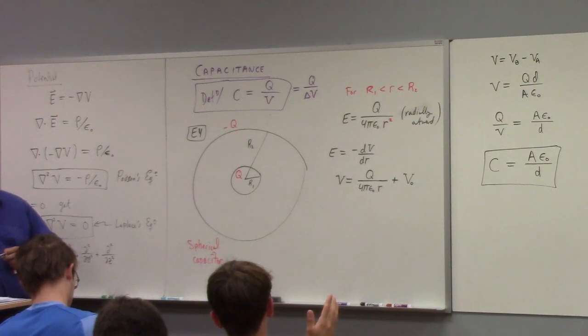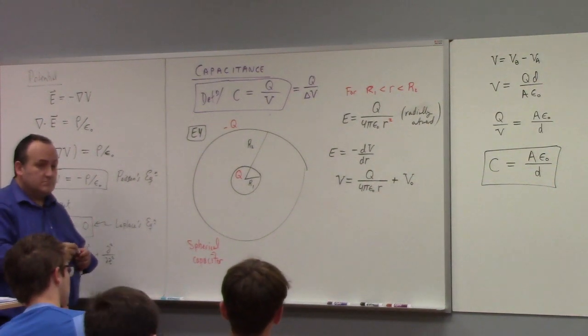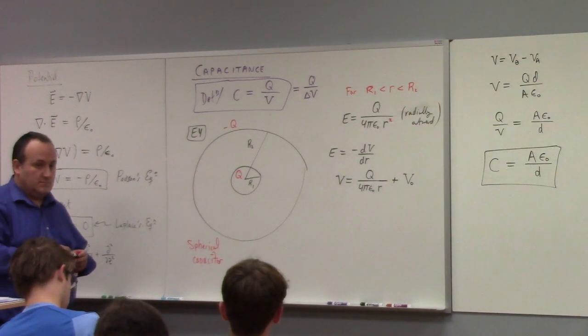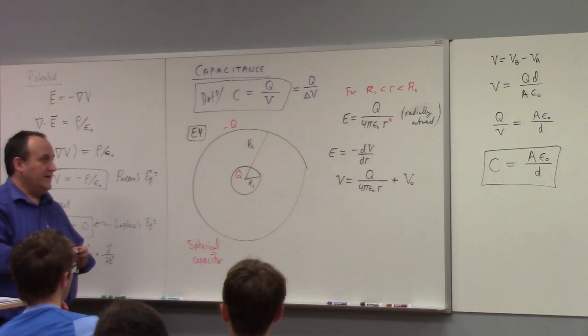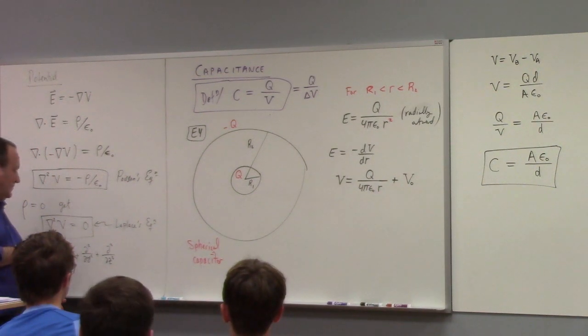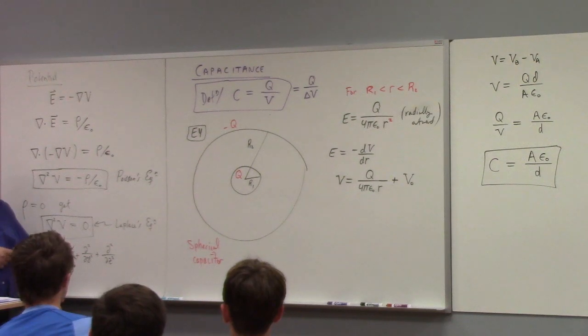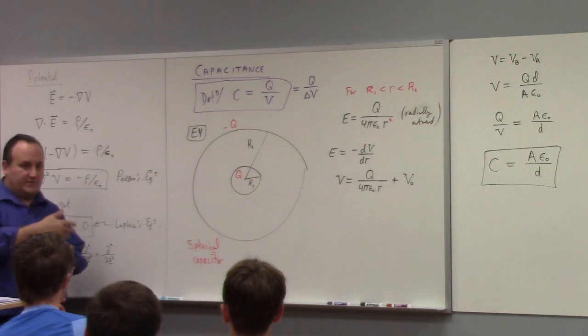So why can you say that if the field needs to be the negative gradient of the voltage? Because the gradient in spherical coordinates has 3 pieces: the radial piece and the pieces in the other 2 angular directions.